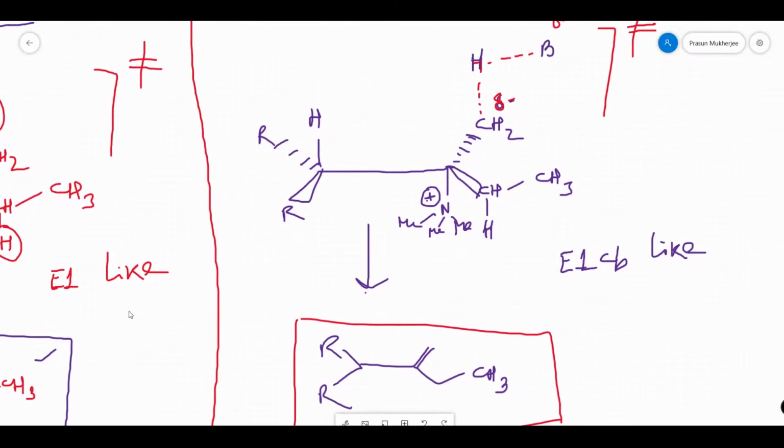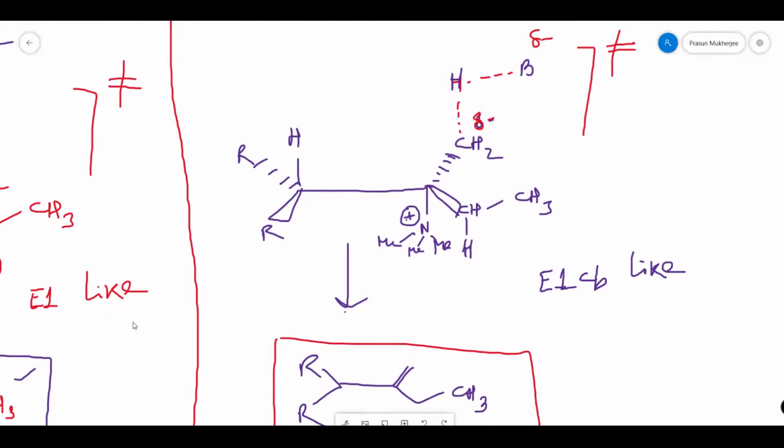And now if we consider the Hofmann elimination transition state or mechanism, in this case the base will abstract the more acidic hydrogen atom, which is this hydrogen, obviously. But we have to understand that in this case the carbon-leaving group bond, or rather the carbon-nitrogen bond breaking, is not involved in the transition state.